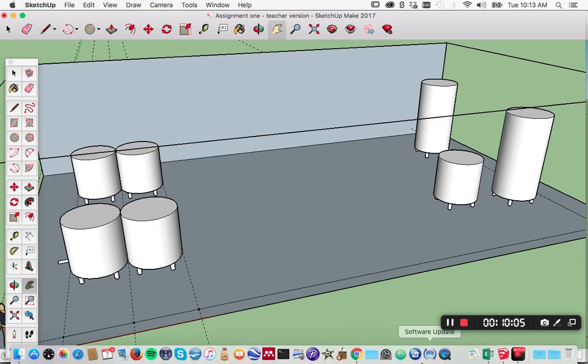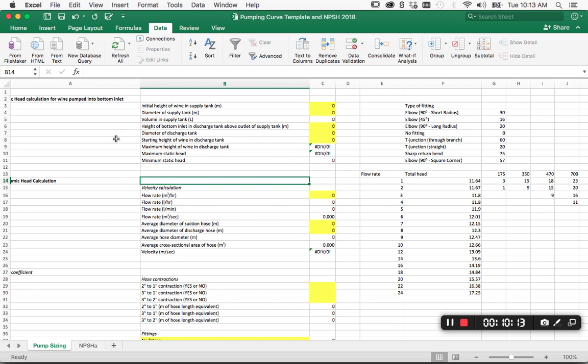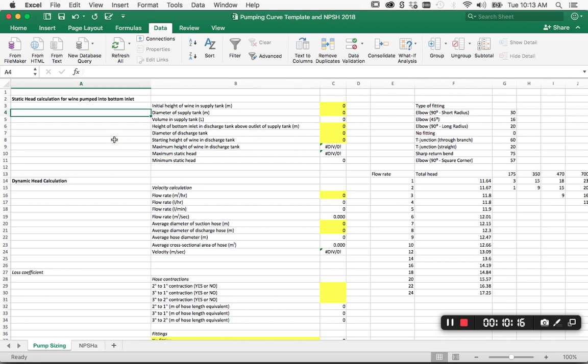So let's go to the spreadsheet and see how we can use this to calculate our overall pressure that needs to be overcome by the pump. Here we are. So the spreadsheet breaks it into calculations of the static head. Again, we already know what the maximum static head will be, but we'll go through the calculations. The dynamic head, which is due to the friction, that's quite a lengthy calculation.